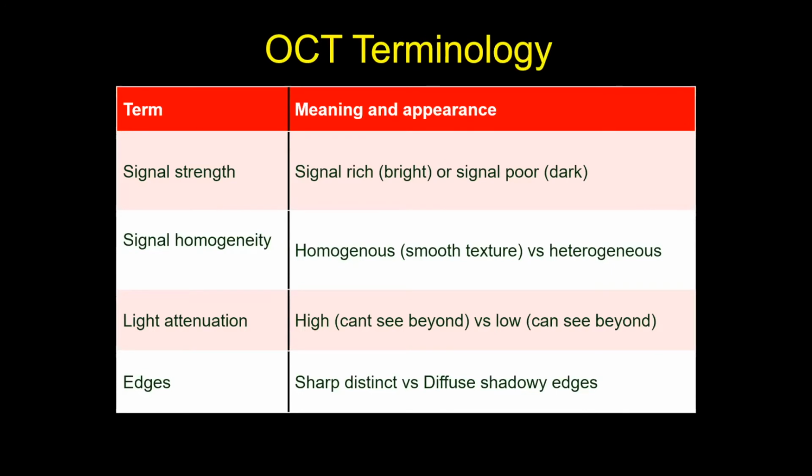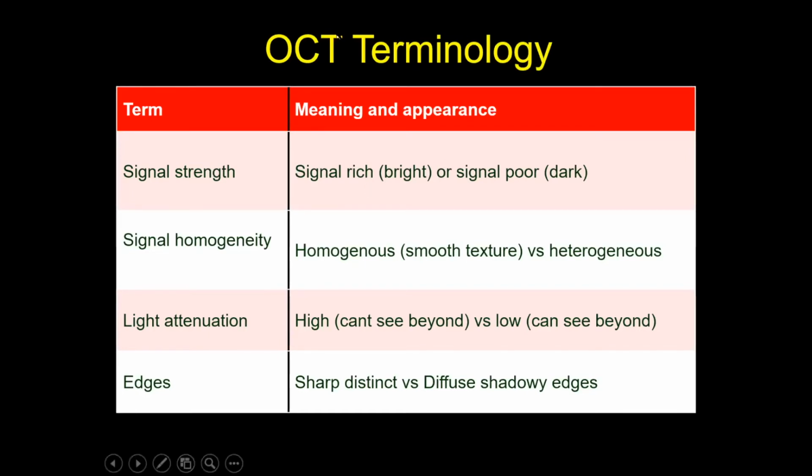So, signal strength. Something can be signal rich, and that will appear as bright, or signal poor, that will appear as dark. So a lesion can be bright or dark. The other thing is how homogeneous the signal is. So something can be smooth, homogeneous, or something can be heterogeneous.